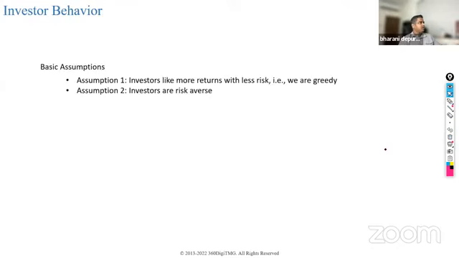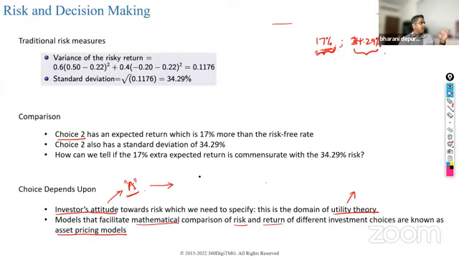Going back to this discussion, right? That if you have two options, one is risk-free, another is risky, okay? And then where do you want to actually end up? Do you want to invest in a risky asset or a risk-free asset? For a risk-free asset, you get a return on investment of 5% and the risk is 0%.